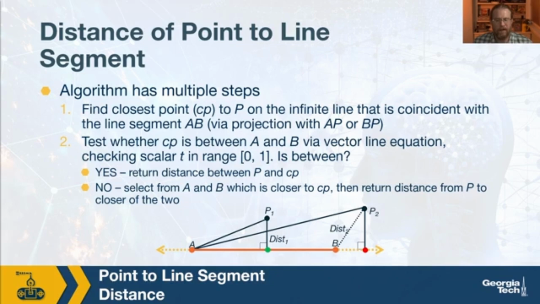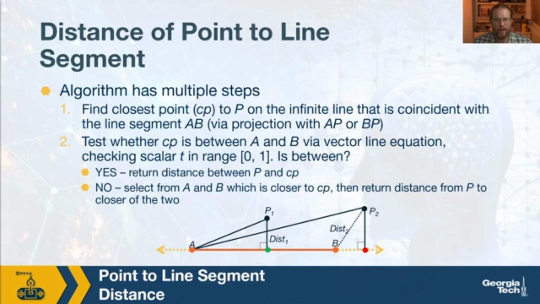It's easier to define the problem if you're thinking in terms of an infinite line, because then we're just thinking about projection. In this case, we've got the two endpoints of our line segment, A, B, and then we've got P. So we want to project the vector AP onto AB.